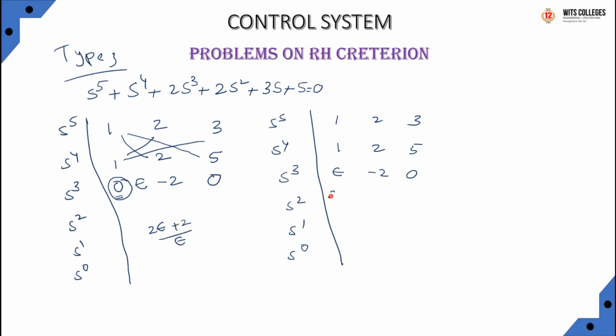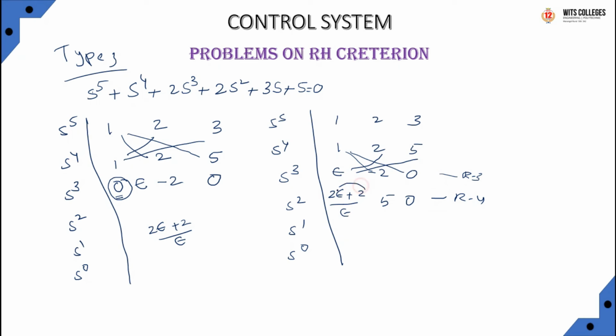The value is 2 epsilon plus 2 by epsilon. Next is epsilon into 5 minus 1 into 0 by epsilon. Here the epsilon cancels, and we get the constant 5 and 0. This is row number 4, after row number 3.